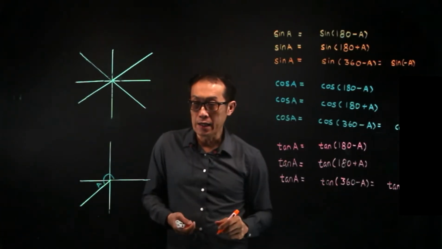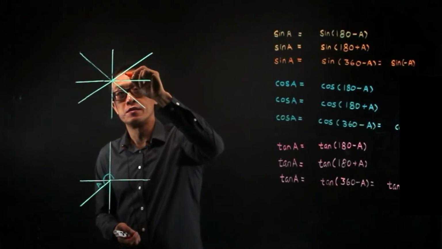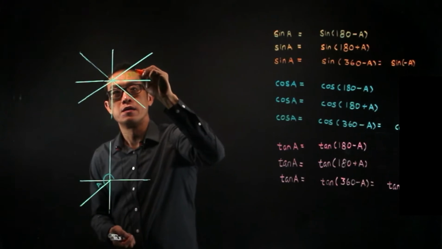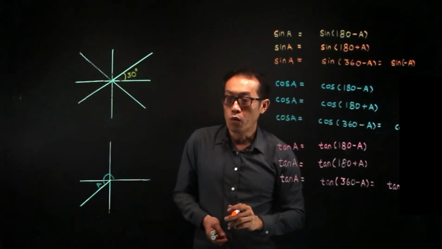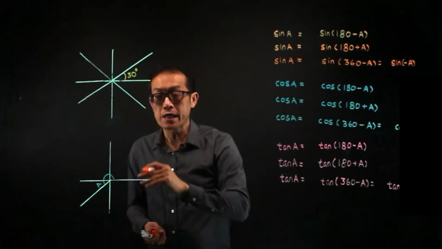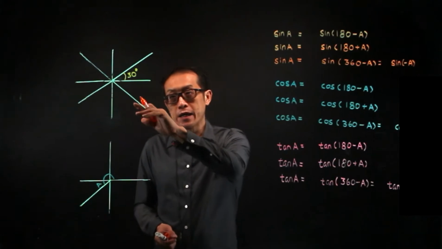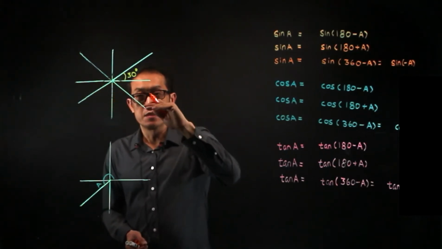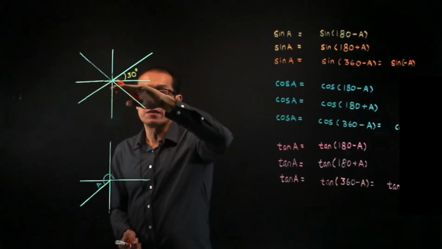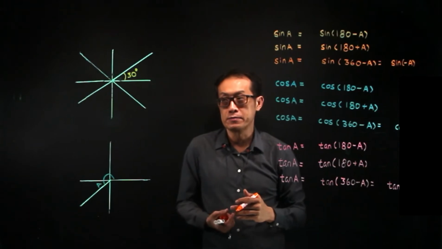Now let's take an angle, say an angle of 30 degrees. So this is 30. Now, what are the angles that have a basic angle of 30? What is a basic angle? A basic angle is the acute angle that is made with the x-axis by the actual angle.